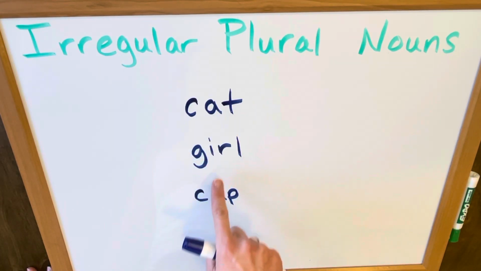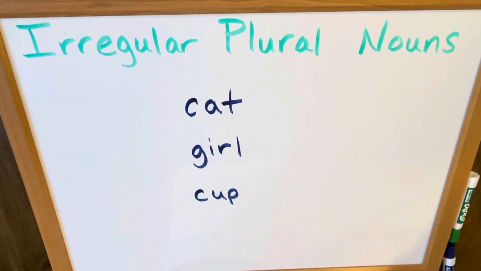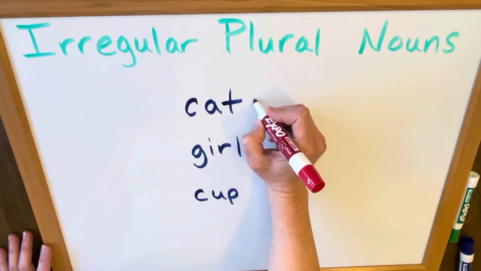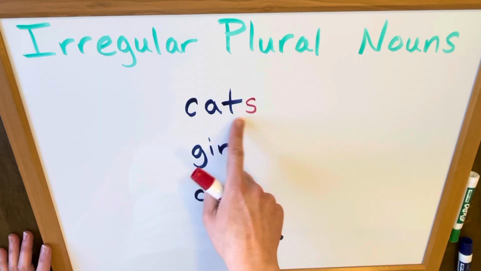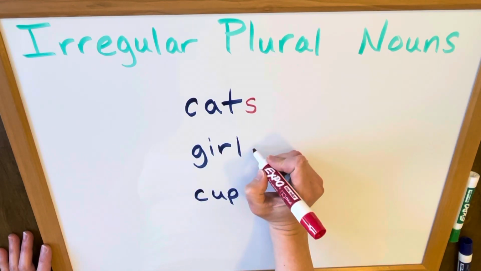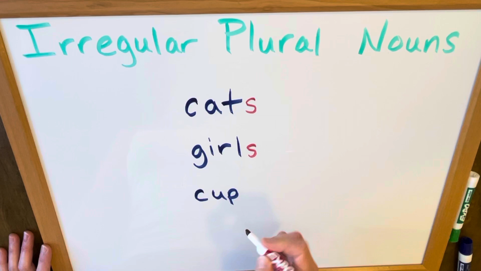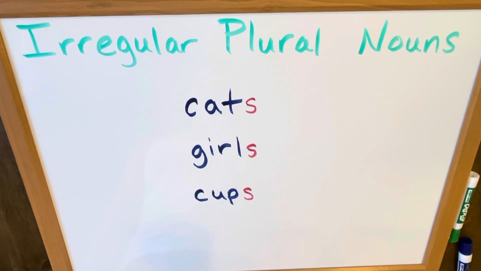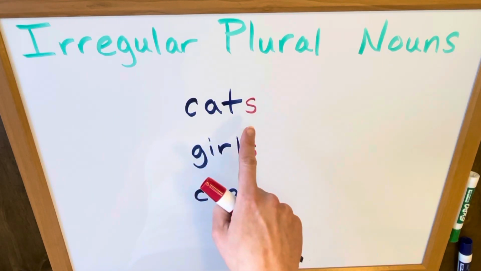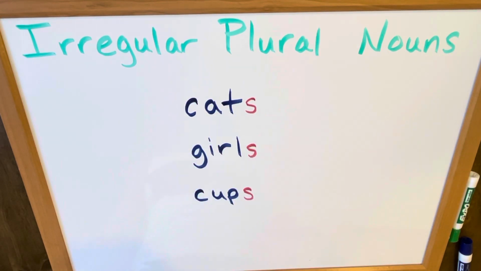So if we make these plural, it's pretty simple. We know we just add an S at the end, right? Cat turns into cats. Girl turns into girls. Cup turns into cups, right? That's changing it from a singular noun to a plural noun, okay? We just add an S to most of our nouns.